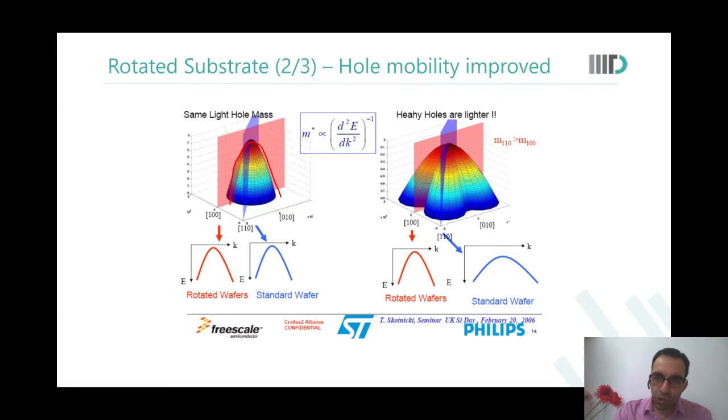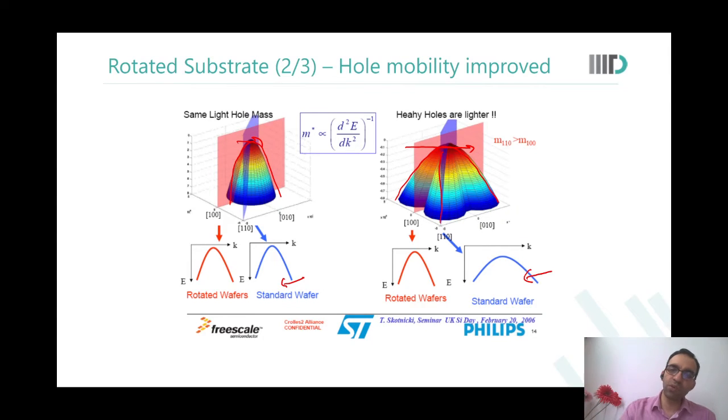If you look into this plane, this hole would be a heavy hole. So in the standard wafers, there were light holes and also heavy holes, because there was a direction of movement which considered this bad slope, and this was symmetrical. For this, in any direction you move, hole mobility was not changing. But for this, the hole mobility was changing if you moved in one direction or the other.